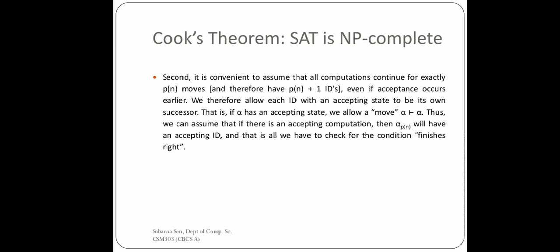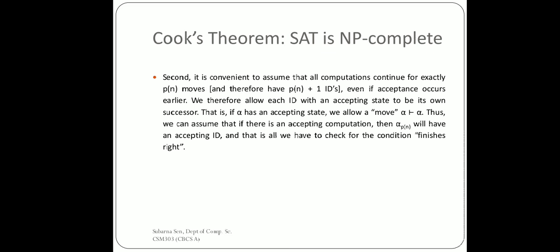And the second thing we have to consider is that it is convenient to assume that all computations continue for exactly p(n) moves and therefore have p(n) plus 1 IDs. Why? Because if we complete p(n) moves, my ending ID will be one more ID which is encountering a blank after it. That's why there will be p(n) plus 1 IDs.